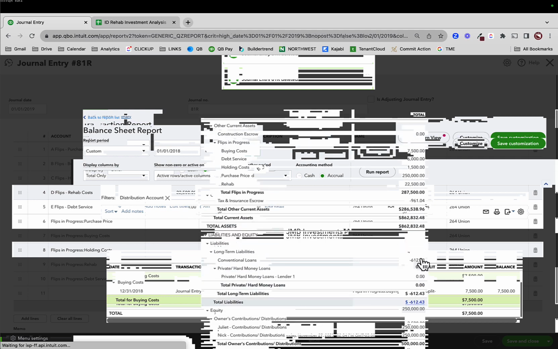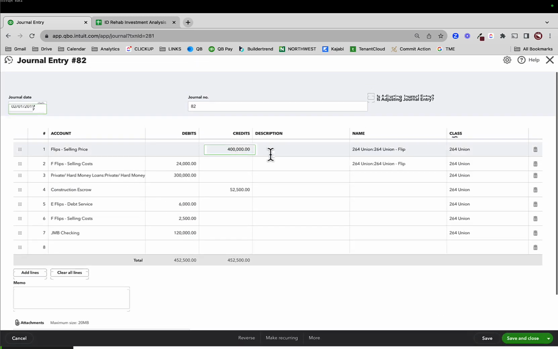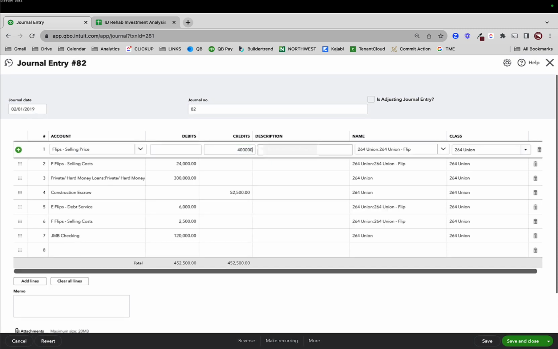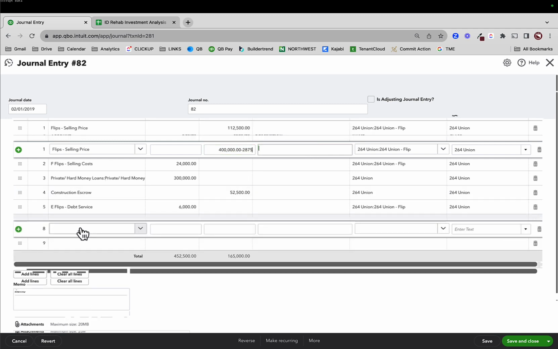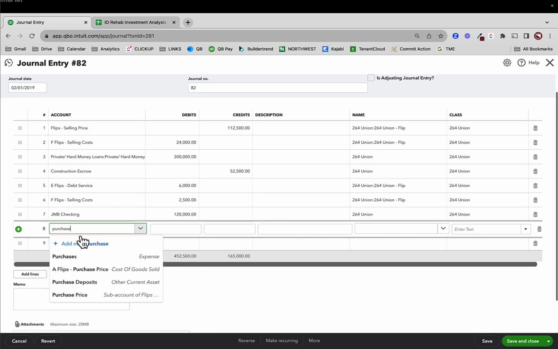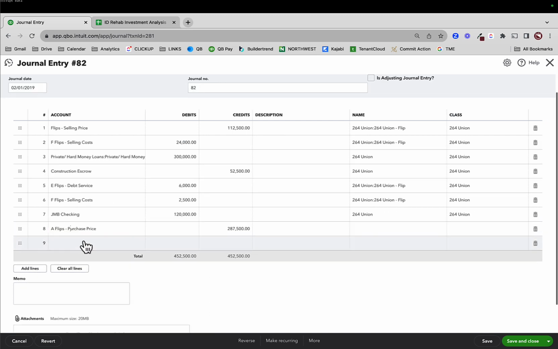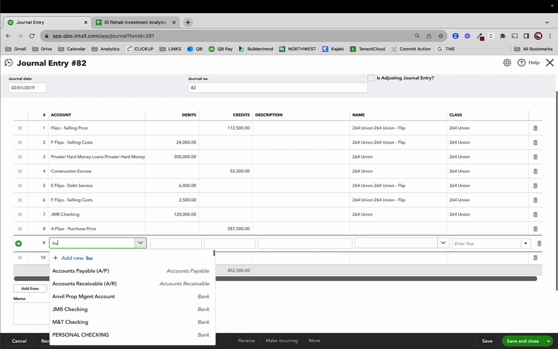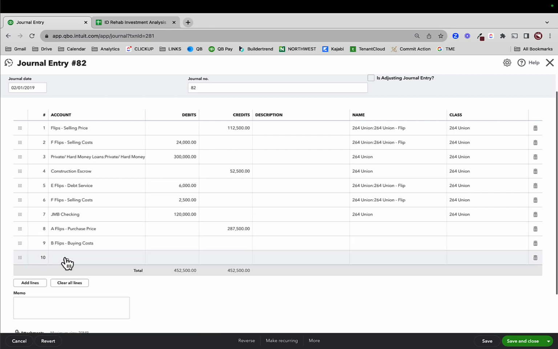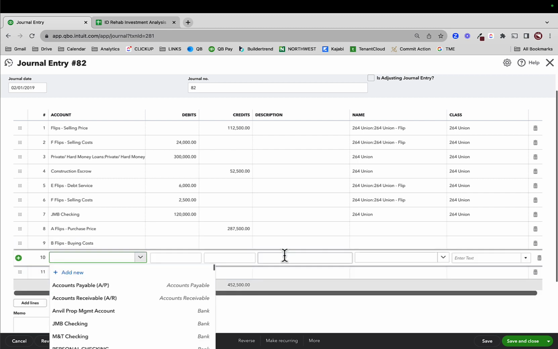So on this exact transaction, my sales price is no longer 400,000. Now it's 400,000 minus the 287,500, and then I would have the purchase price that I would credit, buying costs that I would credit, etc. We're not going to do that here.